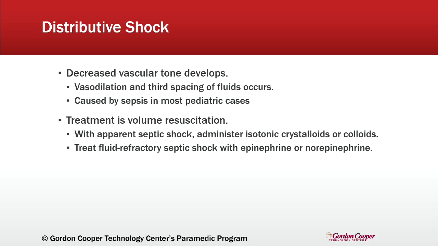Epinephrine, norepinephrine can also be used to treat refractory septic shock, so if it's not responding. Dopamine may be considered if there aren't any other better options on the table, but realize that things are getting pretty serious if we've gotten to the point that we're giving epinephrine and dopamine and those kinds of things to try to counteract this shock.